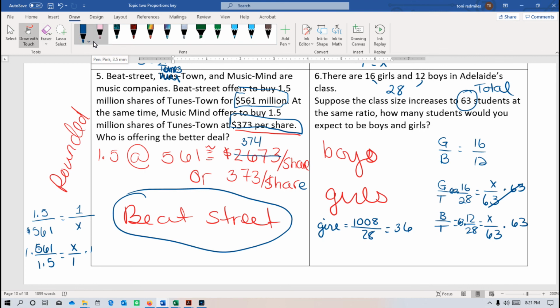They should be 36 and 27, because if I do boys, I'm going to get 63 times 12. Must have been looking at another problem, because that actually still adds up to 63, so I don't know what I did. Probably calculated this total incorrectly. That would do it. And I have to divide by the 28, and that's going to give me 27 boys.